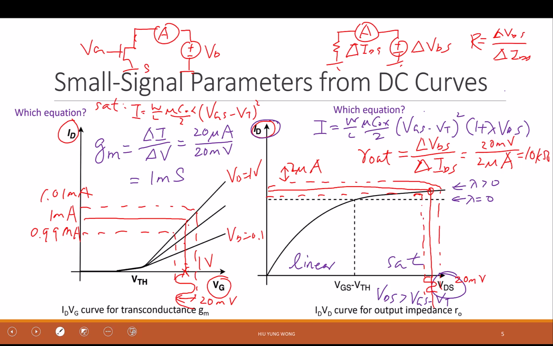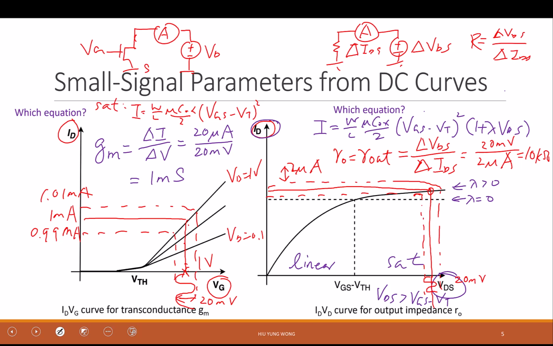As we reviewed earlier, milli means 10 to the power negative 3, micro negative 6, nano negative 9. So 20 divided by 2 is 10, and that gives you kilo. So this transistor has an output impedance, which we usually call R0, equal to 10 kilo ohm. Now that is the meaning of the small signal. Is this clear?